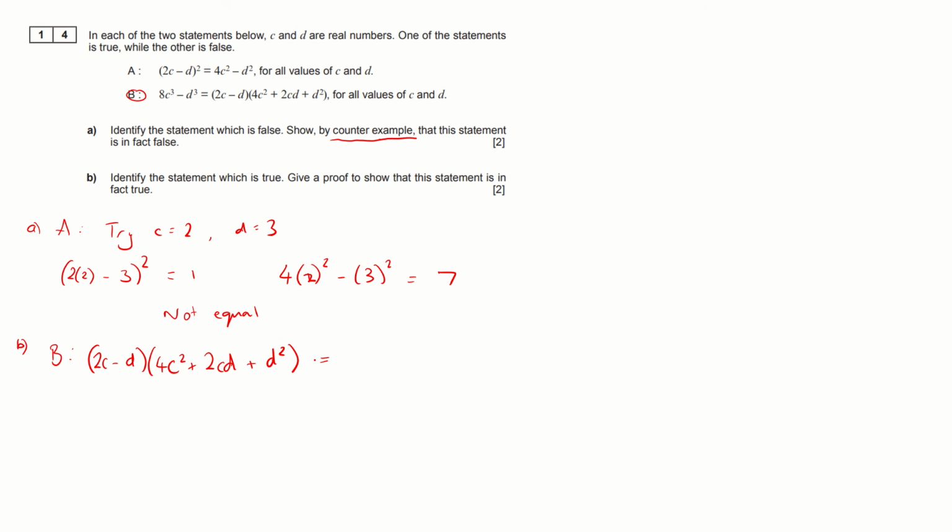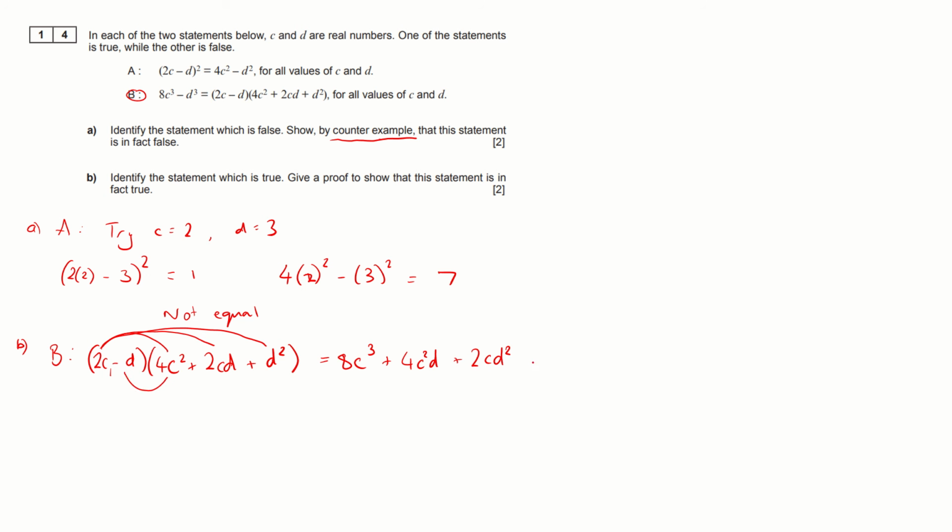So 2c times 4c squared is 8c cubed. 2c times 2cd is 4c squared d. And 2c times d squared is plus 2cd squared. Now I'm going to go on to the minus d.